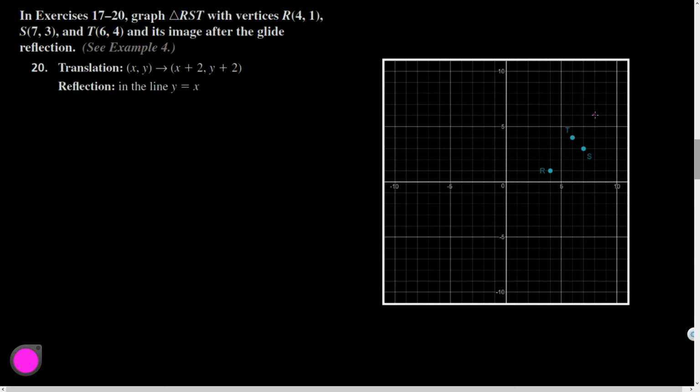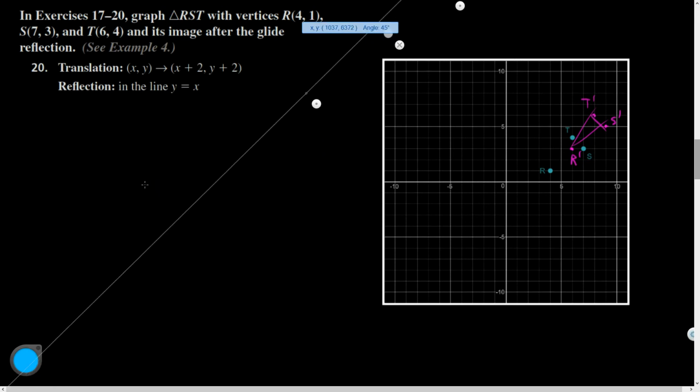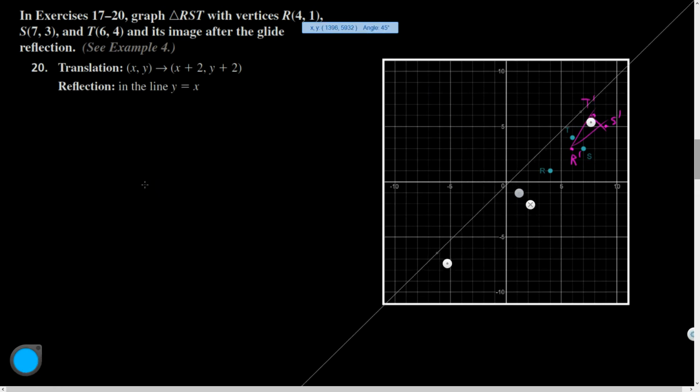So over 2 up 2 will be T prime, over 2 up 2 will be S prime, and over 2 up 2 will be R prime. And my glide reflection is in the line y equals x. That's still 45.